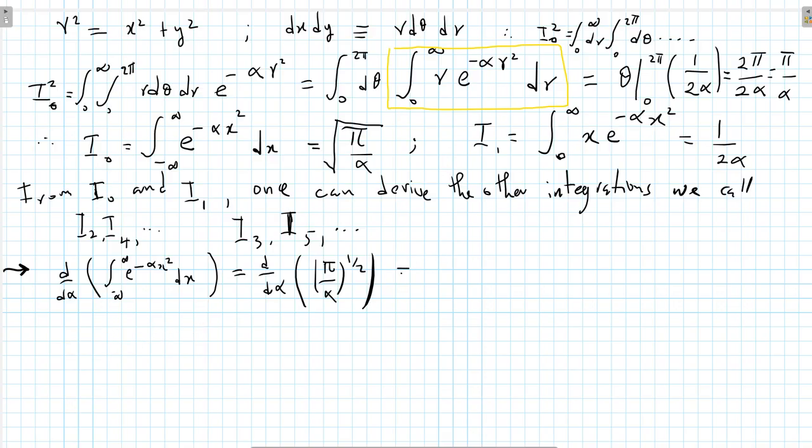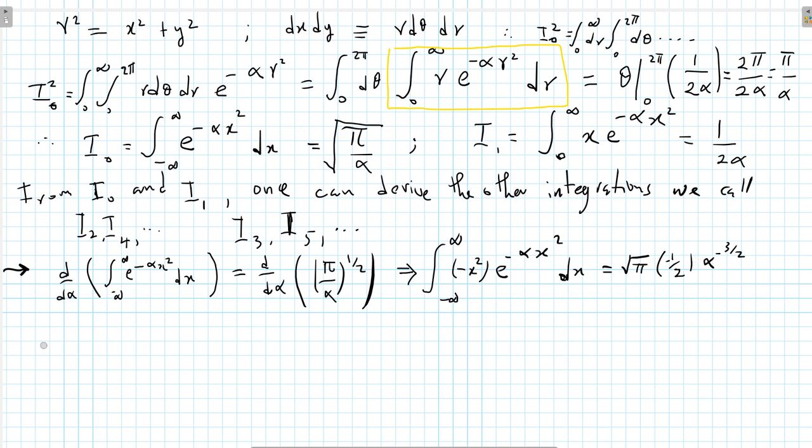So for example, this implies that I have integration from minus infinity to infinity of minus x squared e to the minus alpha x squared dx for the left hand side, when I differentiate with respect to alpha. This is going to be equal to, I bring square root of pi outside, differentiate. The right hand side is going to be minus 1 over 2 times alpha to the minus 3 by 2.